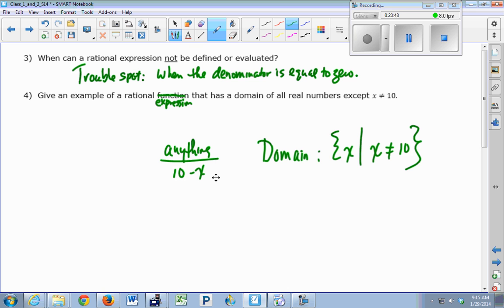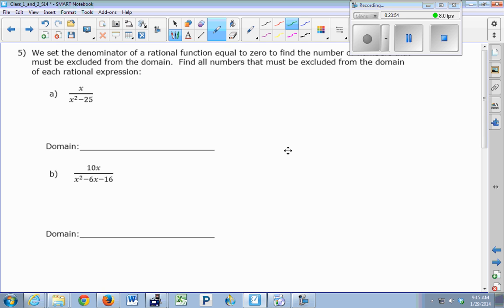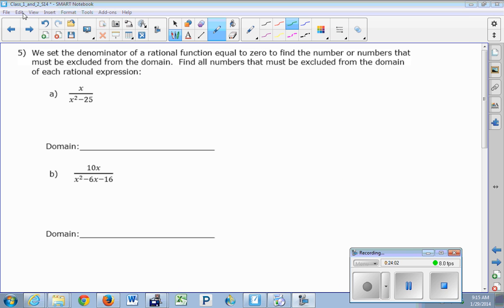All right, so let's see what's coming up next. We've got some rational expressions here. And I'm going to do the first one for you, and this is why you needed to review your factoring. So we set the denominator of a rational, oops, I keep calling it function, sorry guys, expression, equal to 0 to find the number or numbers. Sometimes there's more than one number that must be excluded from the domain.